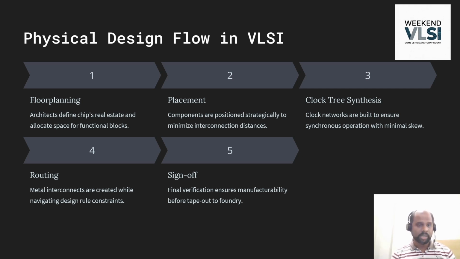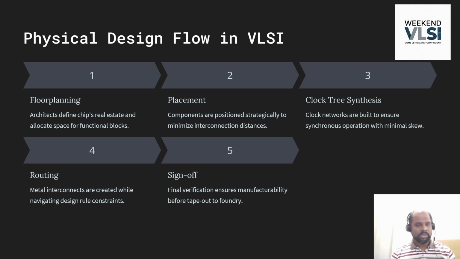It may be a timing sign off to meet the frequency, power sign off to meet the power target, or to meet the IR drop and EM. And physical sign off: the foundry has some rules for manufacturing, so DRC, LVS, and antenna checks are done.